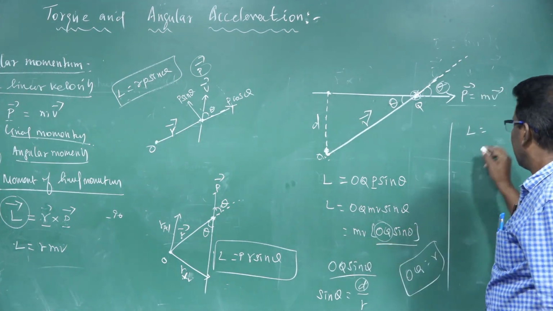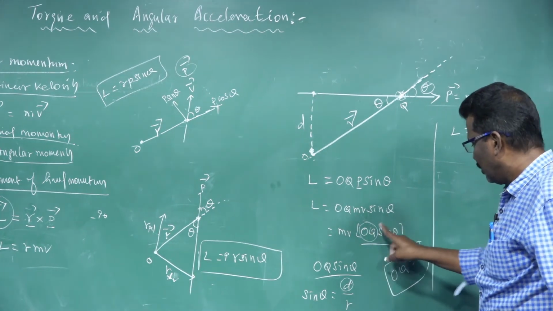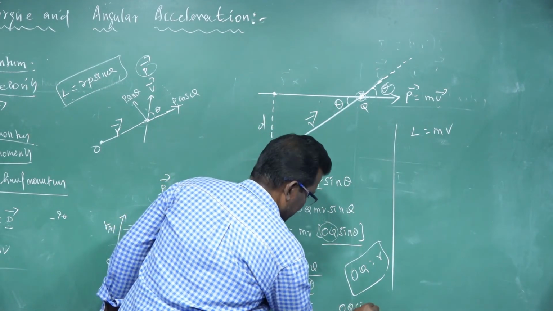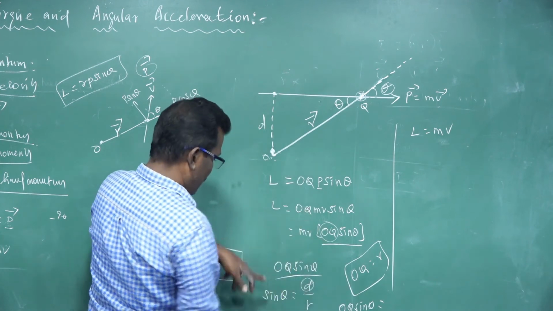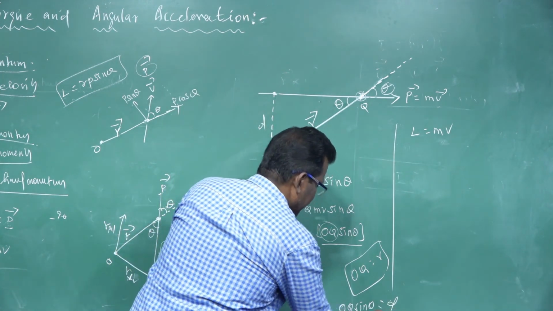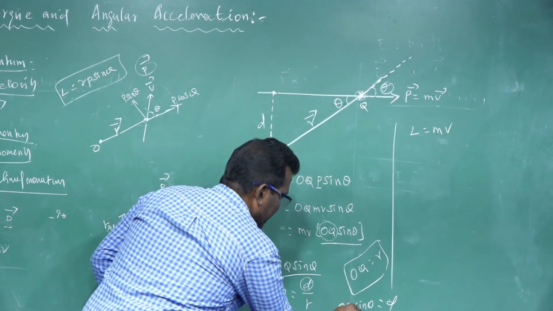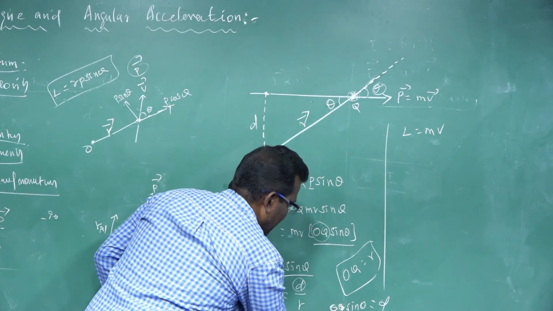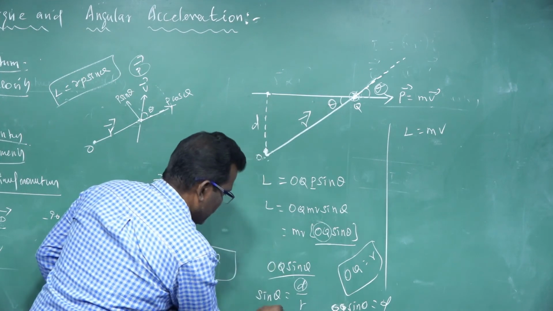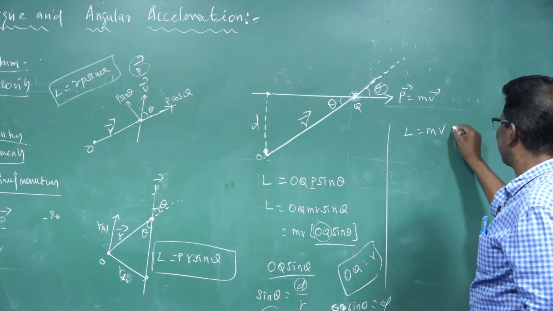Now we can replace OQ sin theta in L equals m v OQ sin theta: OQ sin theta, or r sin theta, is equal to d.